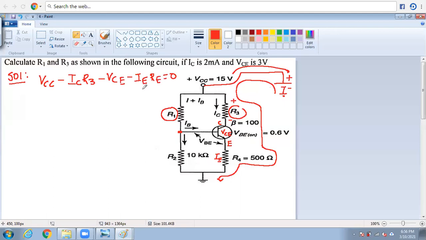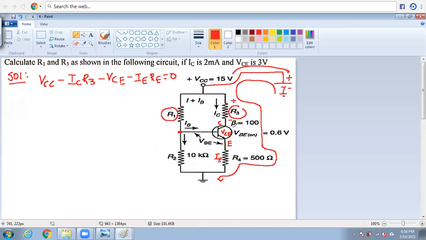This is one of the familiar equations; we can write it easily. Now IC is already given. What is the IC value? IC is 2 milliamperes.